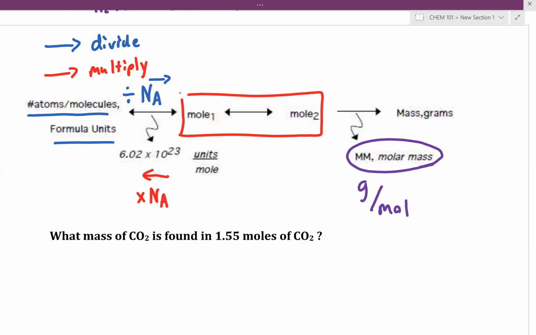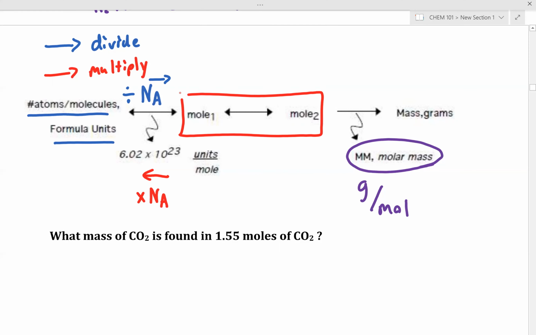Let's now look at what would happen if we wanted to go from moles to mass. So to go from moles to mass, we'd multiply by our molecular weight or our molar mass. Does that make sense?